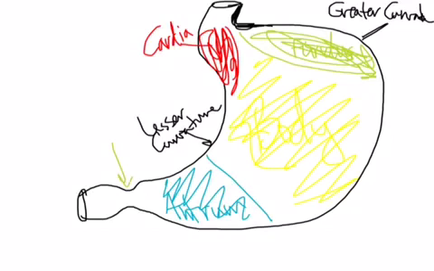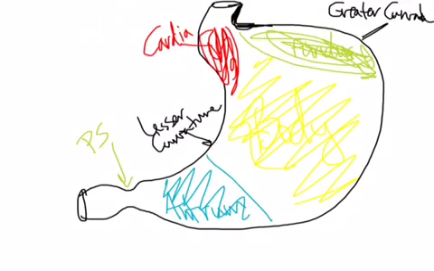And here we have our pyloric sphincter, and then the duodenum here, and then this is our lower esophageal sphincter, and then the esophagus right above here. And then we're going to have our diaphragm coming here right around the lower esophageal sphincter.